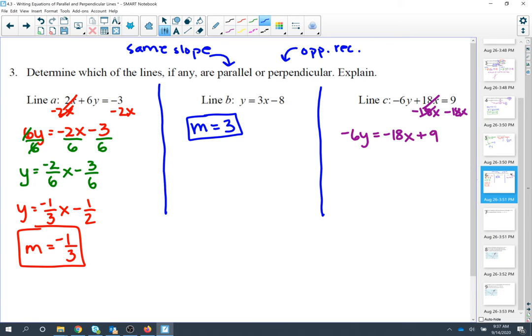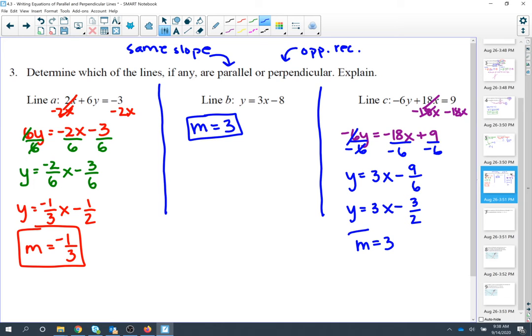And then we're going to divide everything by negative 6. Y equals positive 3x minus, let's see, if I simplify by 3, actually we can just leave this as 9/6, and then I'll go one step further. So y equals 3x minus 3/2. Now, once again, from here, I know my slope is 3.